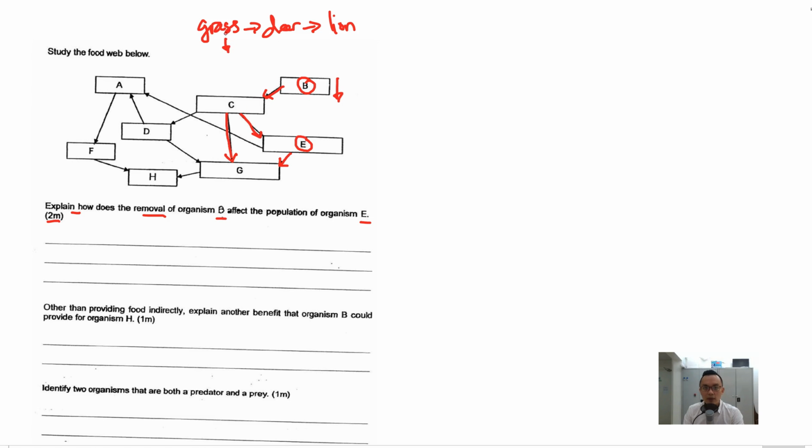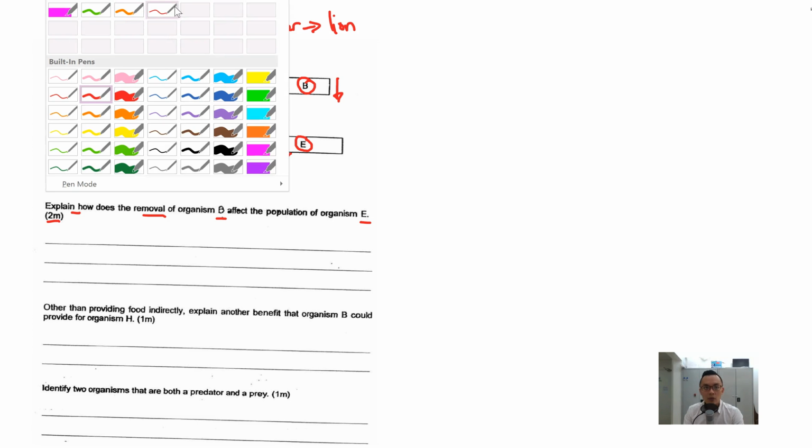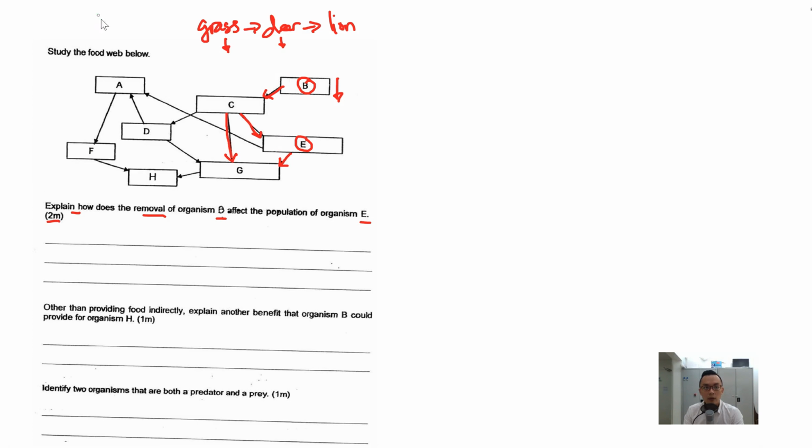So if my grass goes down, my deer will also go down. If my B decreases, my C will also decrease. And if my C decreases, therefore my E will also decrease. And if my C decreases, my G will also decrease.